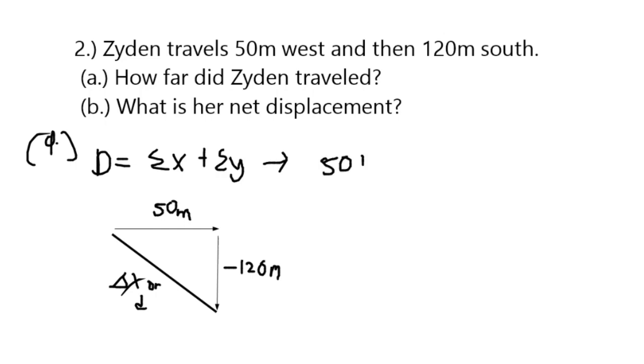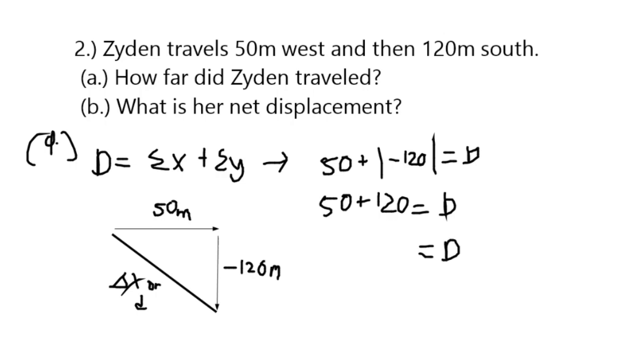So now what is his distance? Her distance, I mean. So distance is equals to 50 plus negative 120 absolute value. So 120 yan. And then 50 plus 120 is 170. So his total distance is 170 meters.